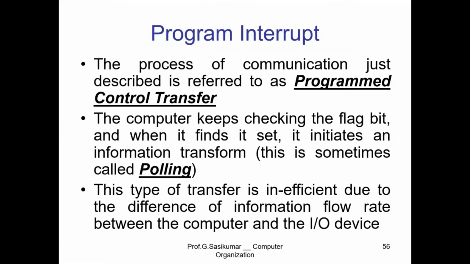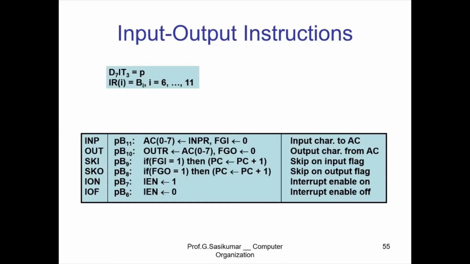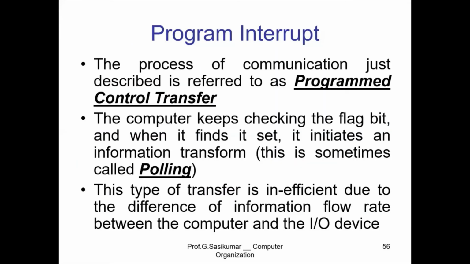And program interrupt. What we saw are all called CPU level, that is the control unit level, input output registers. Now you can program. You can write a C program or Java program, and that is called programmed interrupt. This program interrupt is used to raise the interrupt request to the computer.